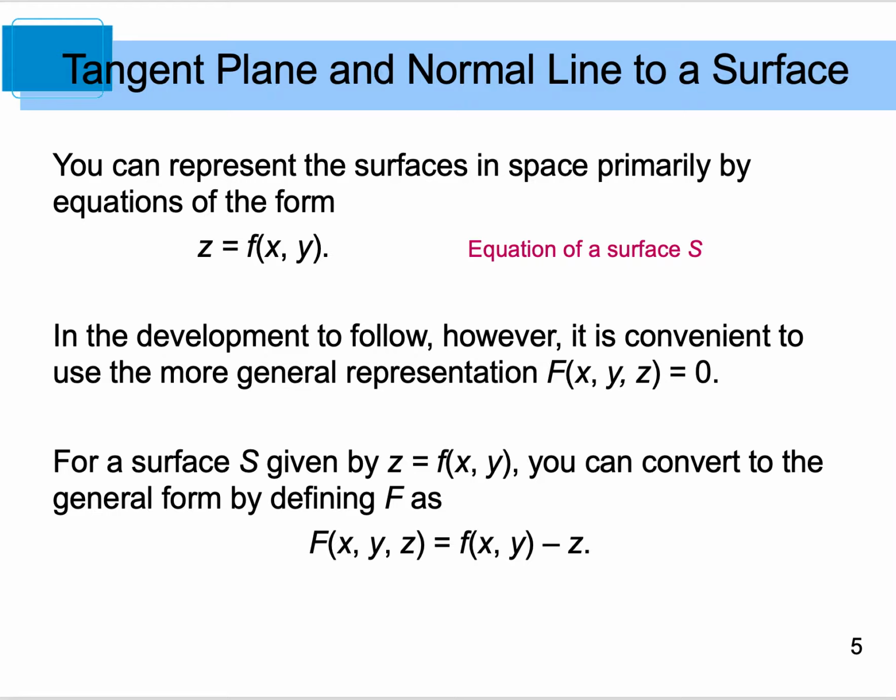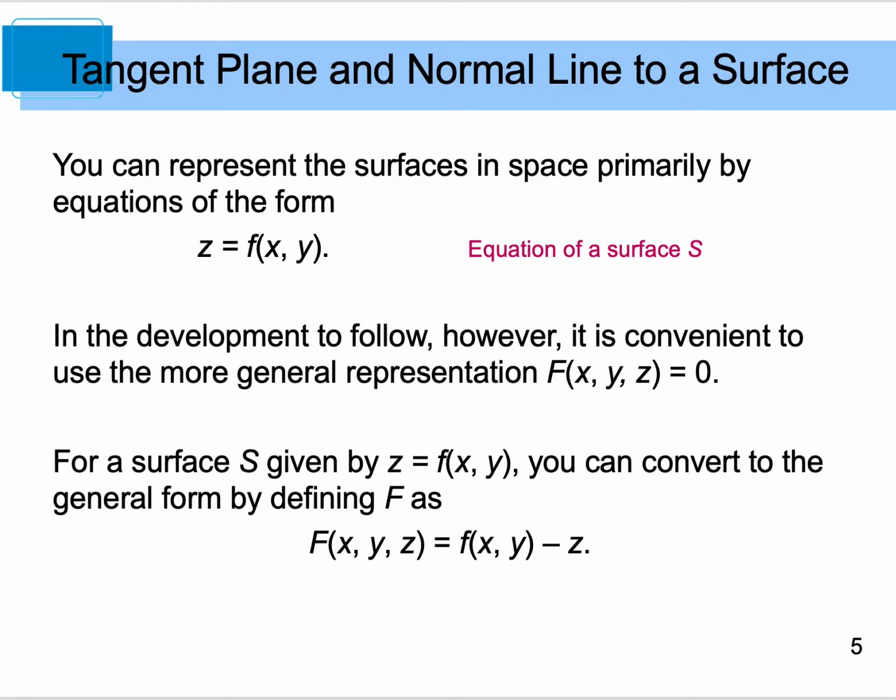We can represent the surface in space primarily by an equation with z equals a function with independent variables x and y. In the development to follow, it's going to be much more convenient if we set this equal to 0 as a function of x, y, and z.